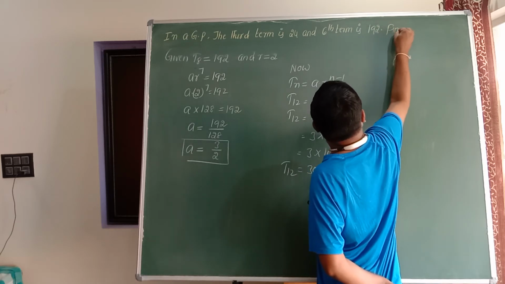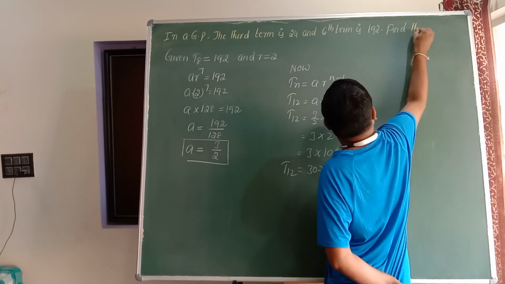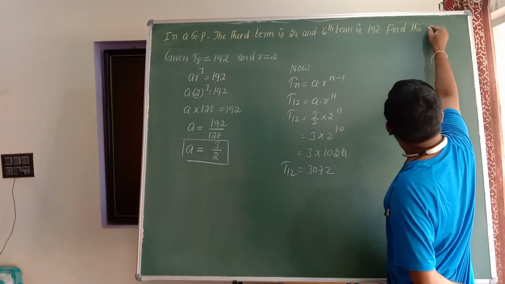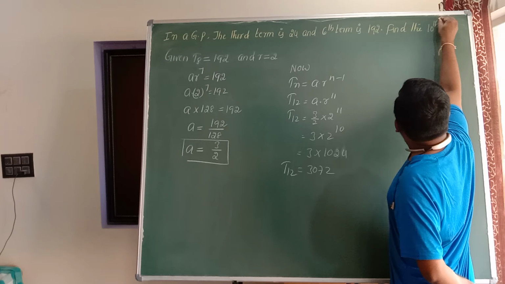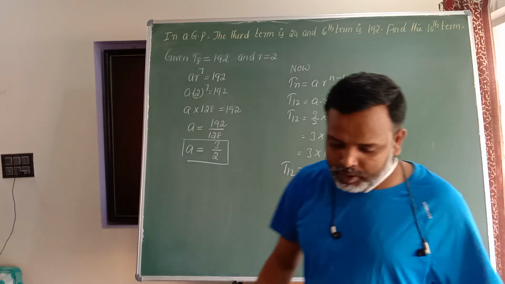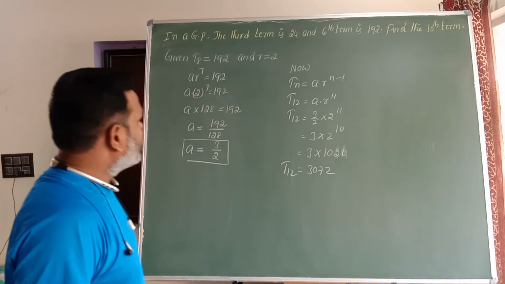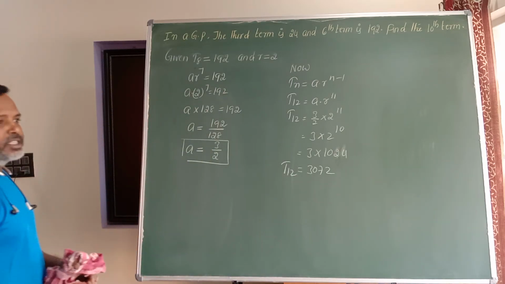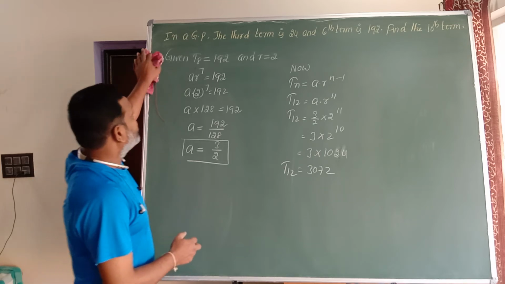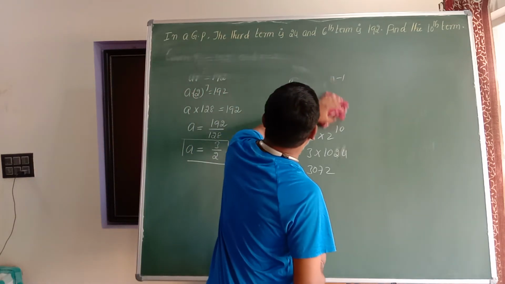Find the 10th term. Okay, very beautiful one. In a GP, so they are only given that it is a geometric progression. The third term is 24.